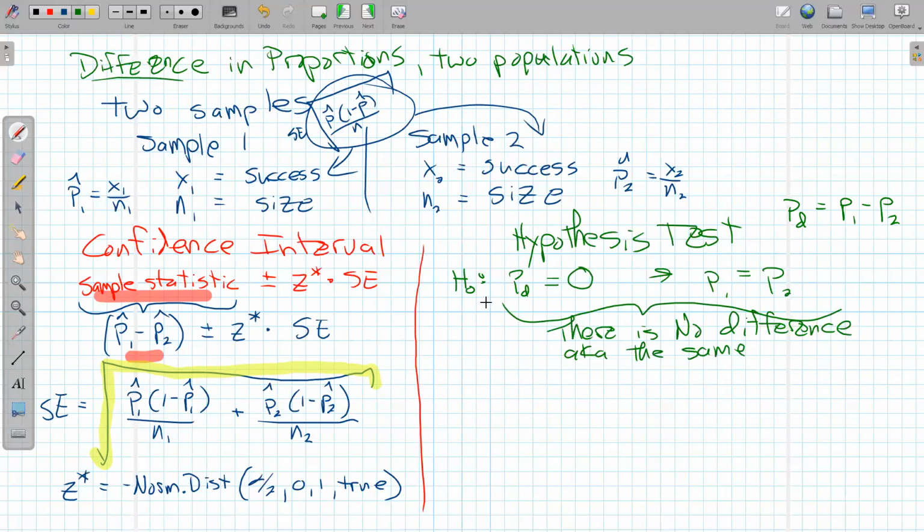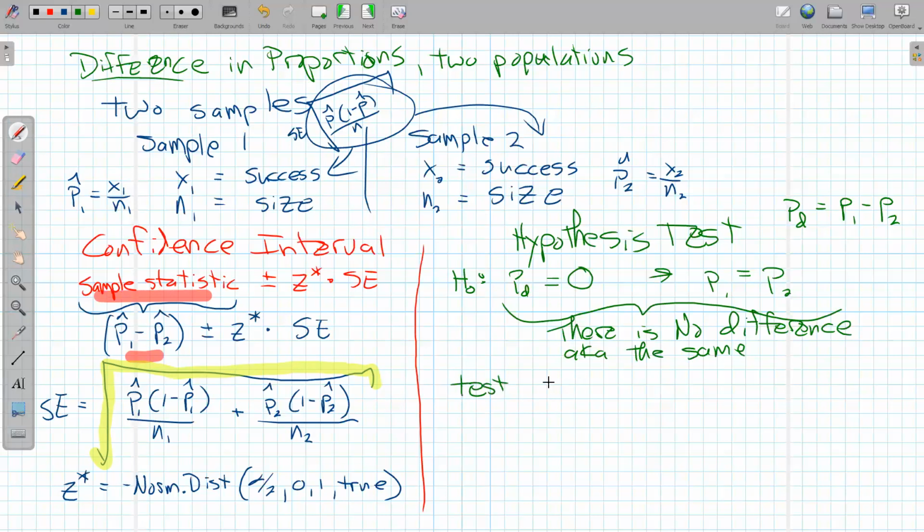All right, so we have a hypothesis. We also need to have a significance level as usual. Otherwise, we need to know the standard error and the sample statistic, and we need to know the test statistic. And so this one right here is also a bit of work.